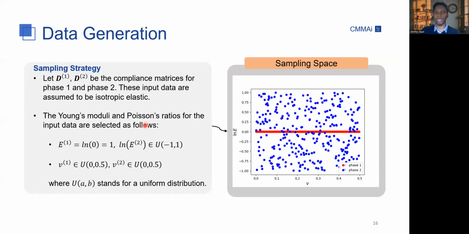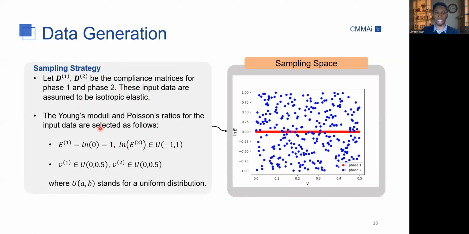Now let's see our results. First, we will introduce our data sampling strategy. For sampling our input data, we've assumed that the compliance matrices of the phases in our RVEs are isotropic and elastic. Because of that, our sampling space is a simple two-dimensional space determined by the Poisson's ratio and the Young's modulus.